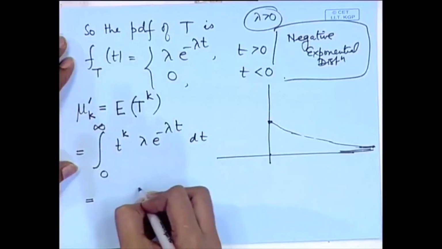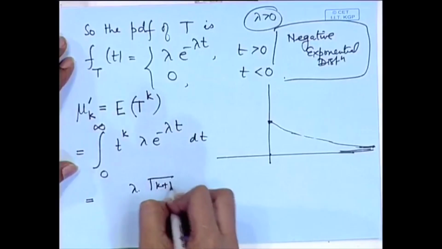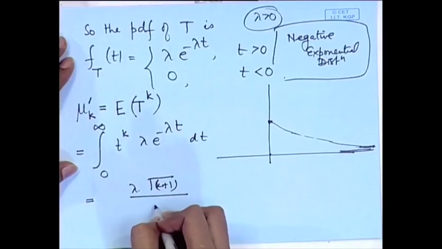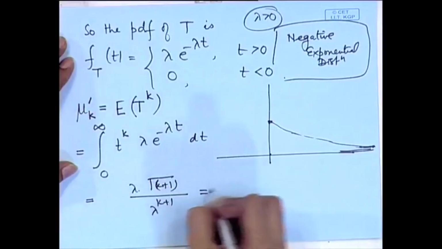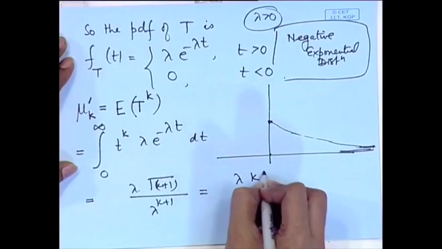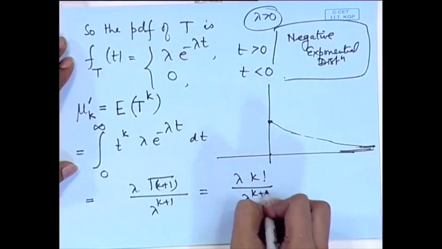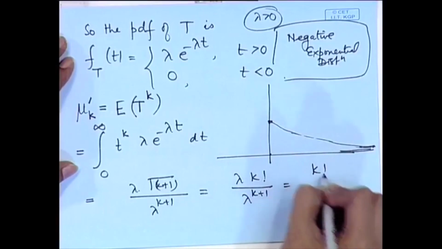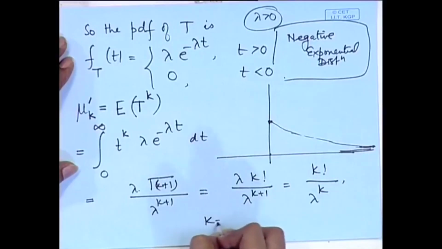So, this becomes lambda gamma(k plus 1) divided by lambda to the power k plus 1, which is equal to k factorial divided by lambda to the power k for k equal to 1, 2 and so on.